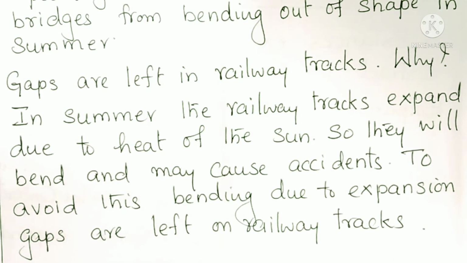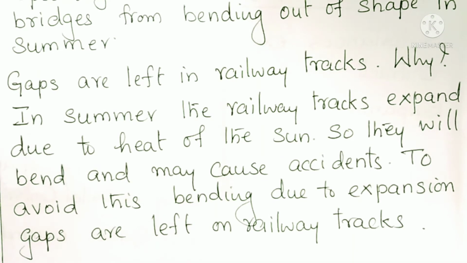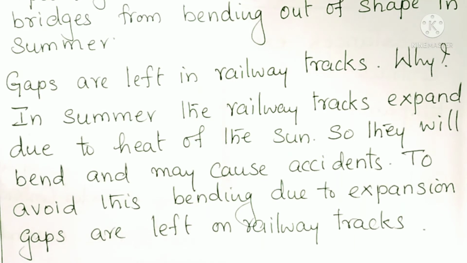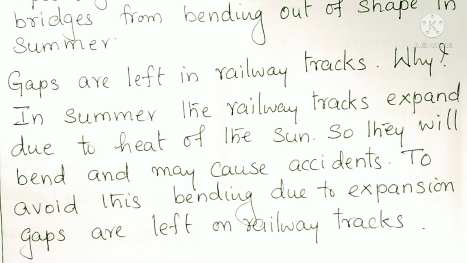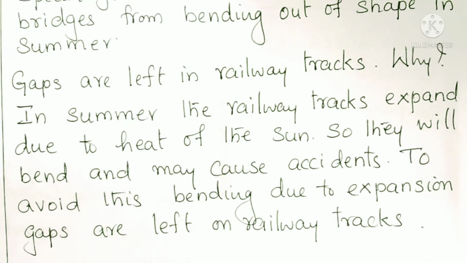So, due to heat they expand, which means they increase their size. One track increases in size, the other also increases. So, what will happen? They will bend, and when they bend, when the train moves on the track, it will get derailed. Derailed means it will fall down and will cause serious accidents.